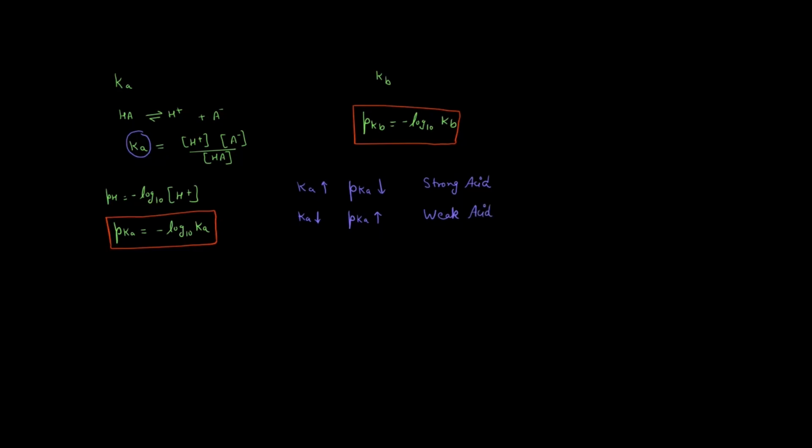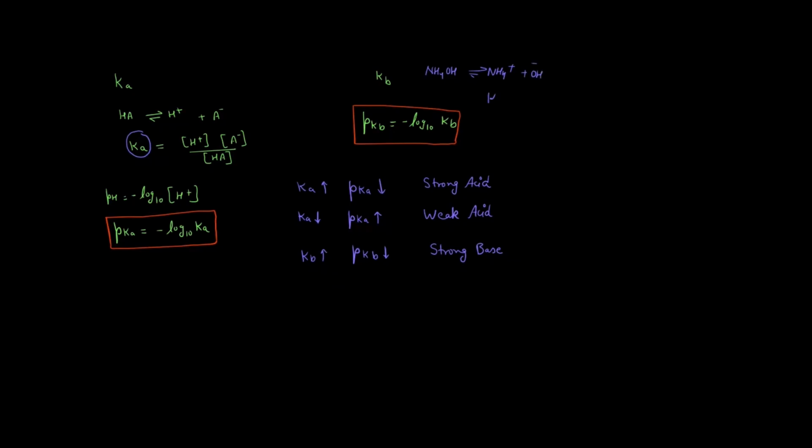In the same way, if Kb is more, pKb will be low, and then we will have a strong base. Because I can write down a weak base, suppose ammonium hydroxide, dissociates partially to ammonium ion and OH negative ion.